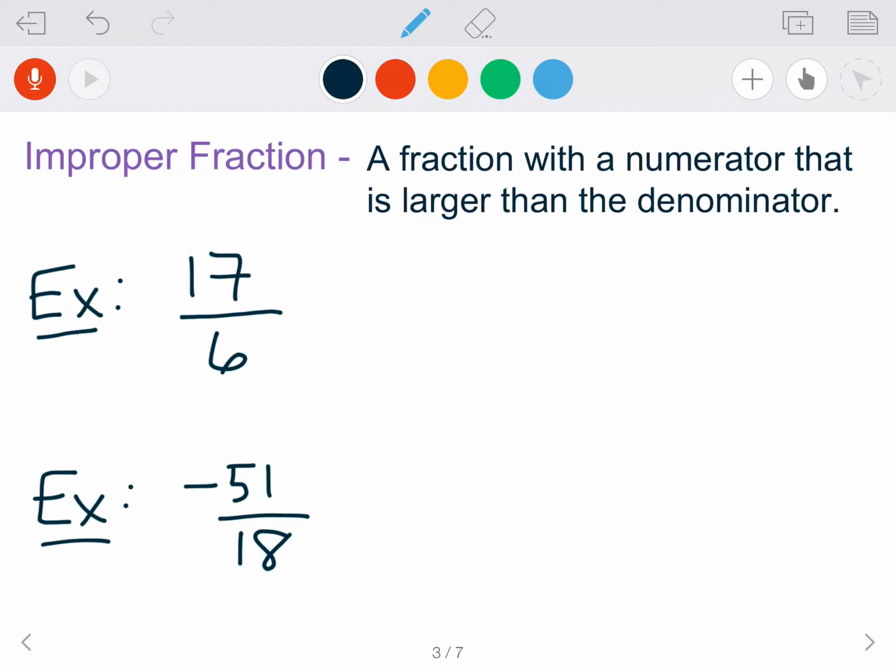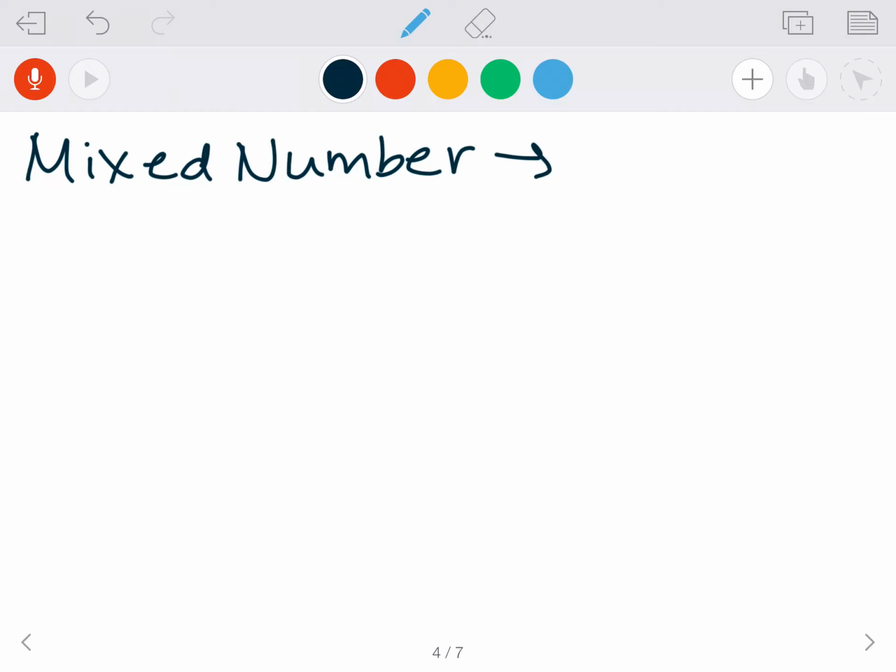Now we're going to do 4 examples. 2 examples will be converting a mixed number to an improper fraction, and the other 2 examples will be going the other way, where we start with an improper fraction and convert it to a mixed number.